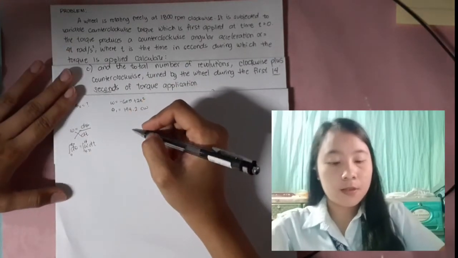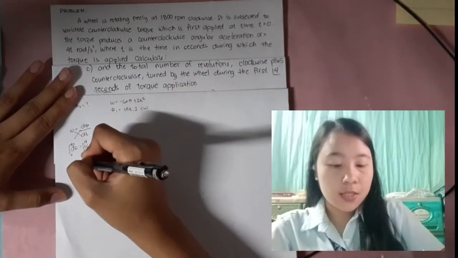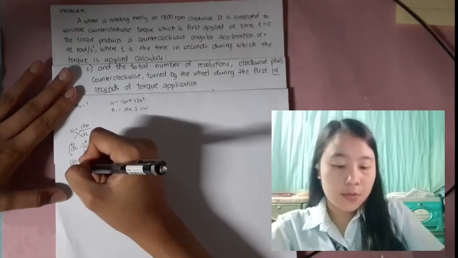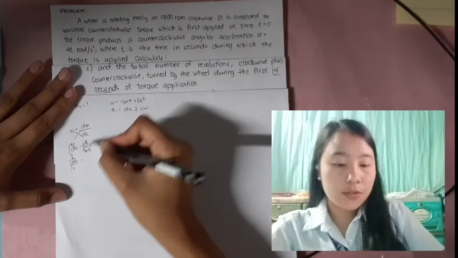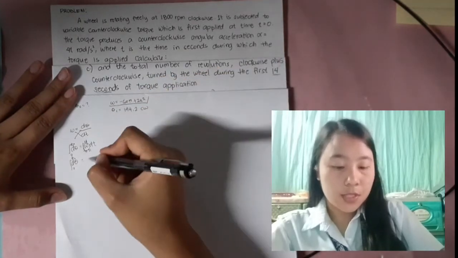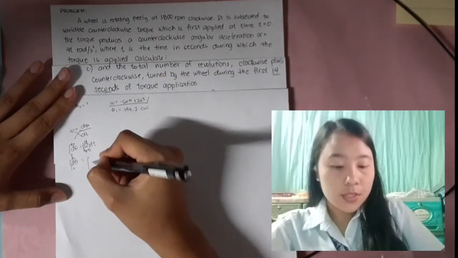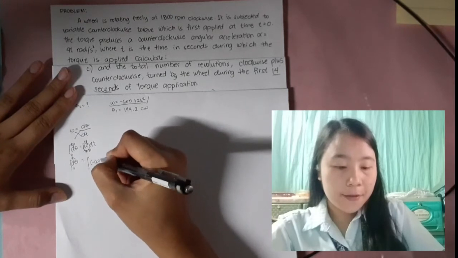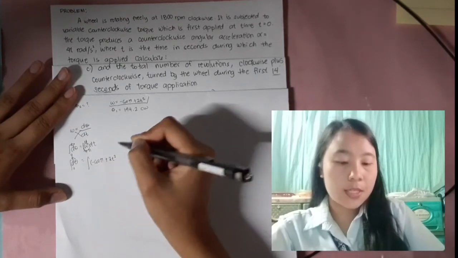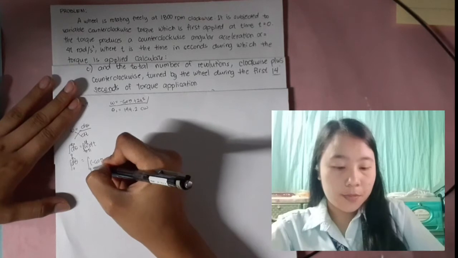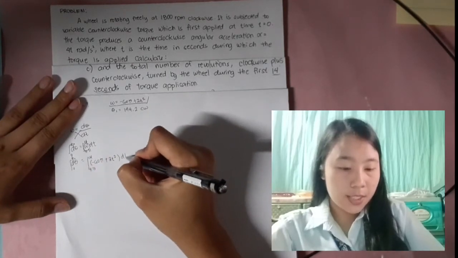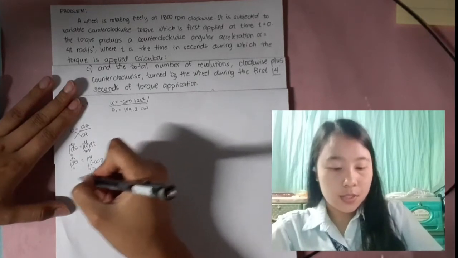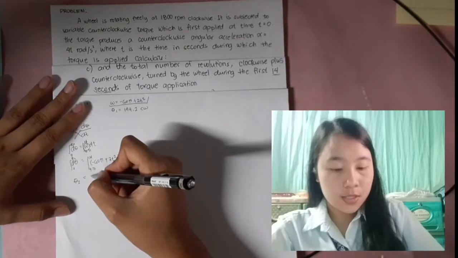Substituting, d theta is equal to negative 60 pi plus 20t squared dt, from 9.71 to 14.